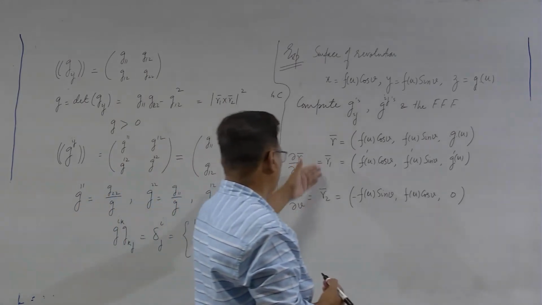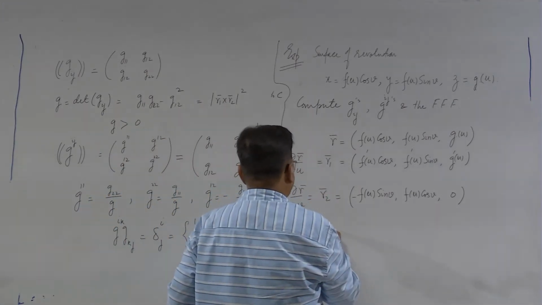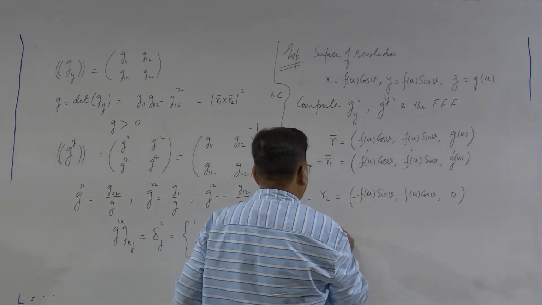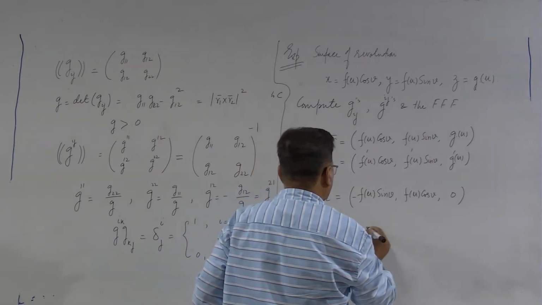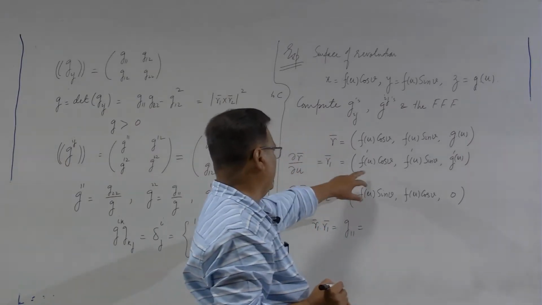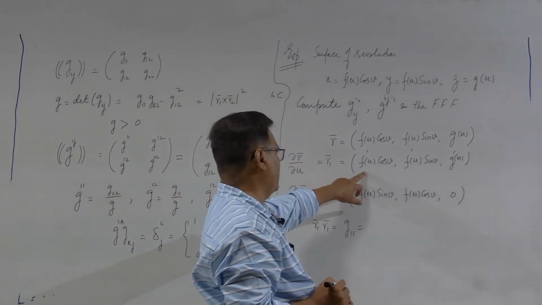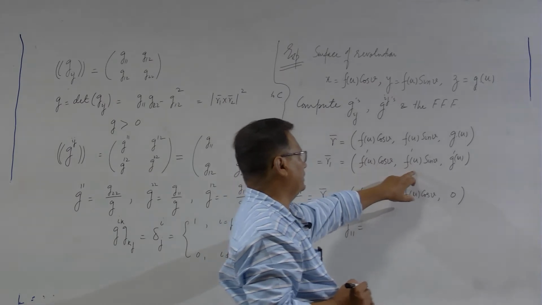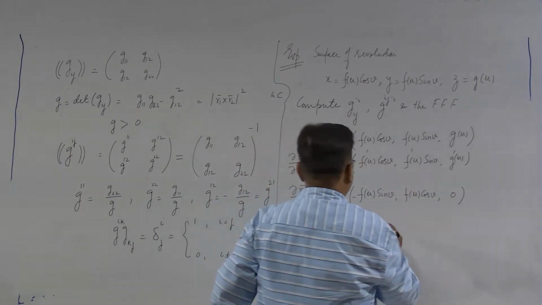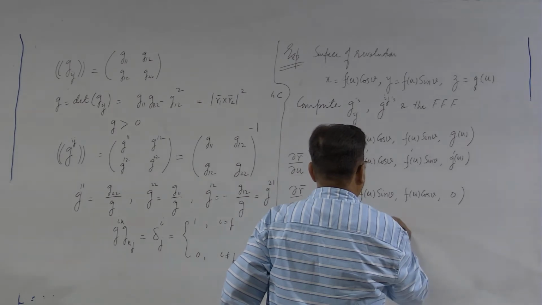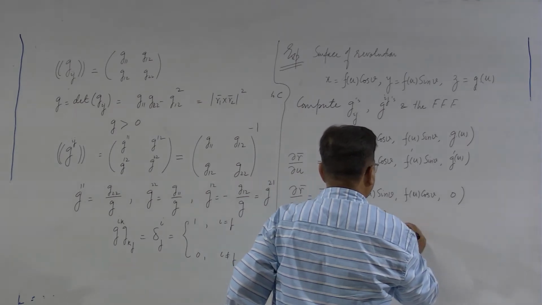So, r 1 and r 2 are determined. So, I can find r 1 dot r 1, which by definition is g 1 1. That can be computed here. So, this is f dash square cos square v plus f dash square sin square v plus g dash square. So, this becomes f dash square plus g dash square.